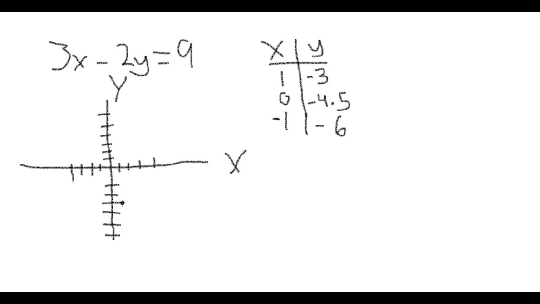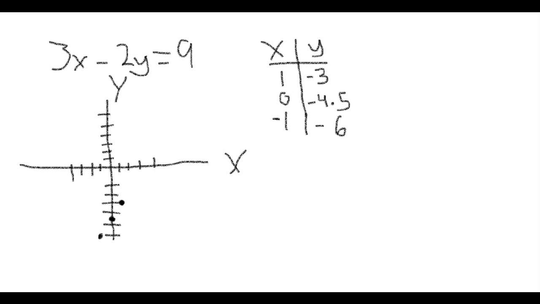Now our x is 1, which will be here, and our y is negative 3, which is down 3. So 1, 2, 3. This will be our first spot. Our x is 0 for the next number, and our y is negative 4.5. 1, 2, 3, 4, 5 is here, so negative 4.5 is somewhere around here.